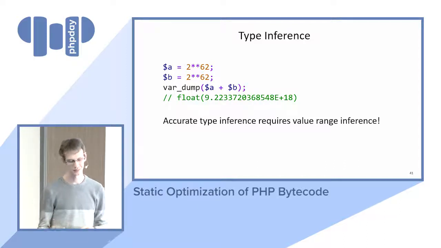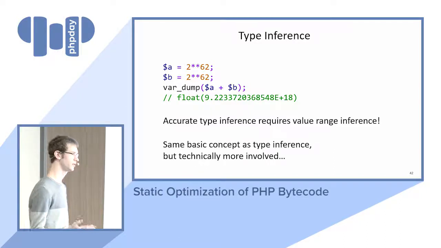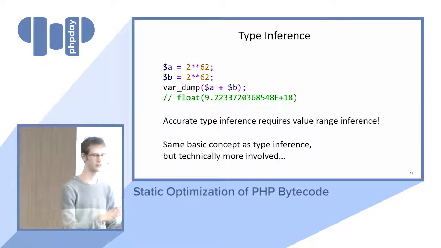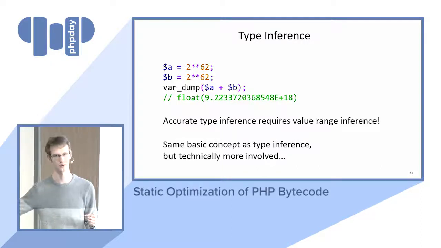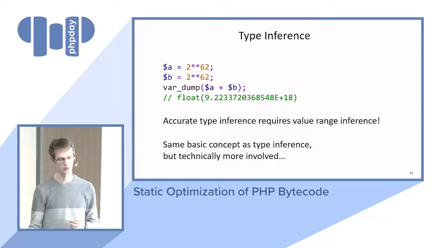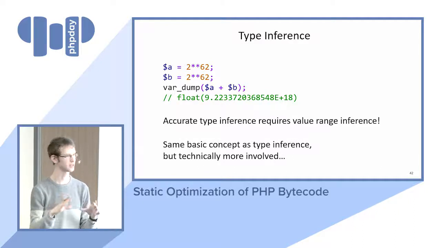And the basic idea how the value range inference is done is the same as for the type inference. So we start from known ranges, like single literals, and then we propagate this information forward. Only problem is that PHP only has 8 basic types, so that's a very small type space.